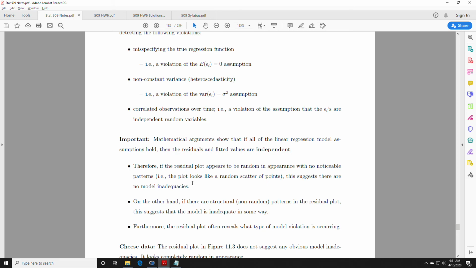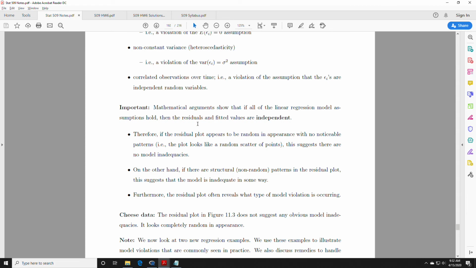If everything holds, then the residuals, y minus y hat, and the fitted values, y hat, should be independent. That's something that can be shown. If the residuals and fitted values are independent, that means knowledge of one does not impact knowledge of the other.